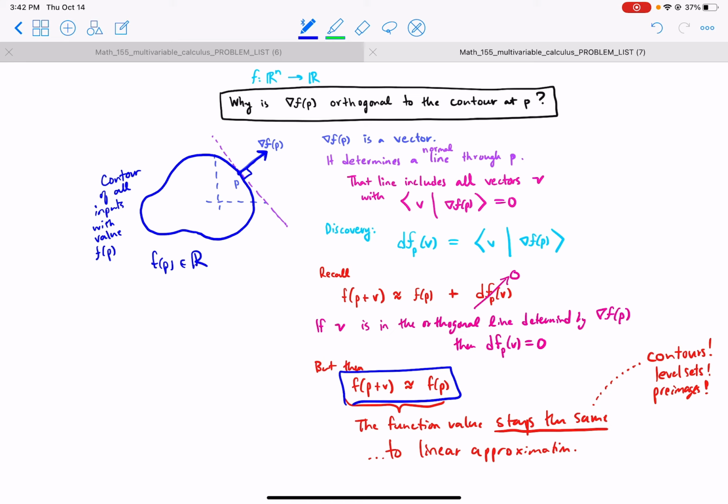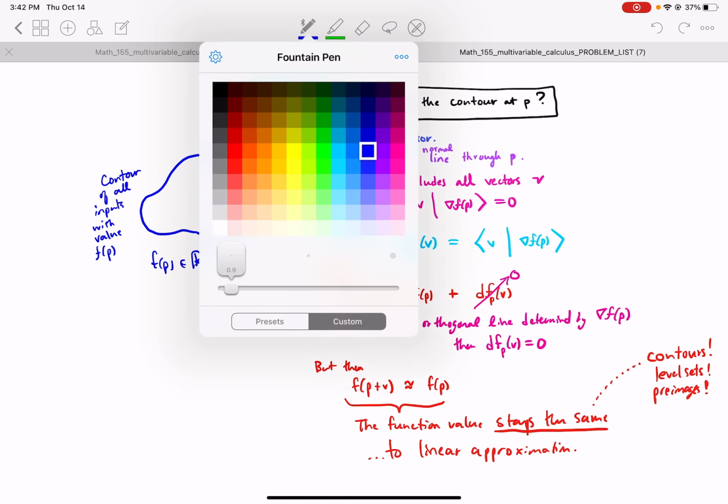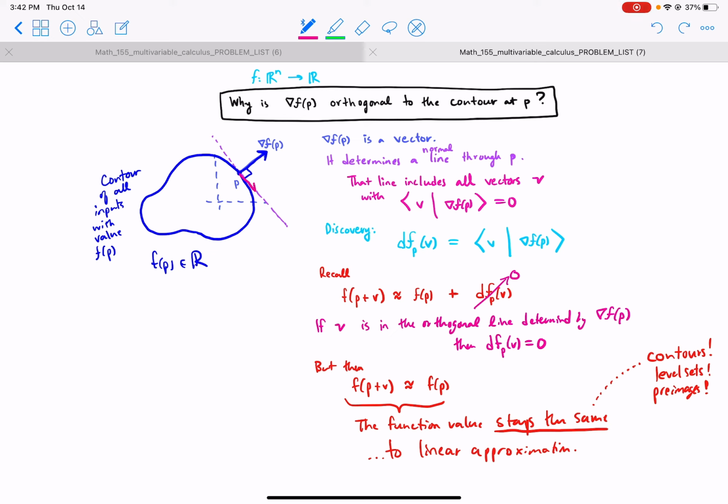But that means the function value stays the same, which means to linear approximation, such v stay on the contour. Well, mostly. You can see it's already left the contour, but only by a little bit nearby. Okay, that's all.